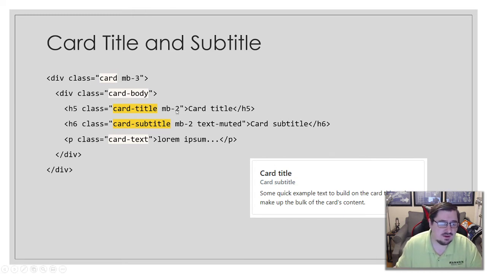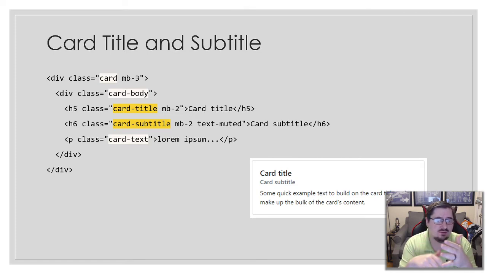I am setting the margin on the bottom here. You can see mb-2. Usually when you're using these in the context of a card, the default margin may not make a lot of sense, especially when I want the card title to be up really close to the card subtitle. If I left the default margin, there's actually a lot of default margin on the H5.